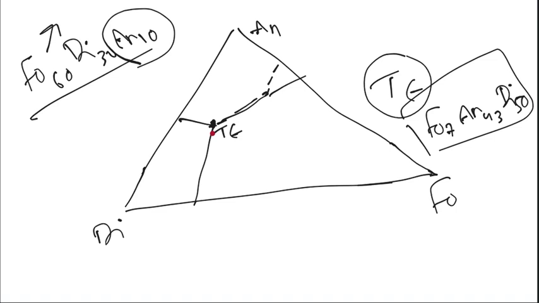Okay, if anorthite is completely out of the system, can this system be called ternary? The system can be called ternary, yes or no? No, because anorthite is completely out of the system. So now only phosphate and dioxide is there, na?